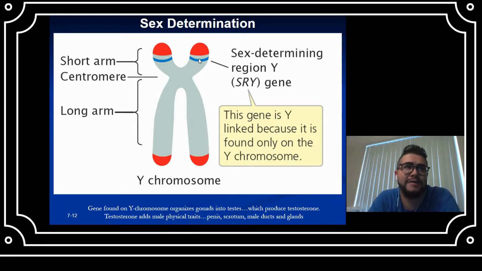So what happens is once the gene is turned on, the body starts to then make certain chemicals that turn the gonads into testicles, and then the testicles will start to secrete testosterone, and that testosterone starts to make the growing embryo, the growing fetus, masculine. So it makes things like a penis or a scrotum or all the little accessory glands inside of a male.